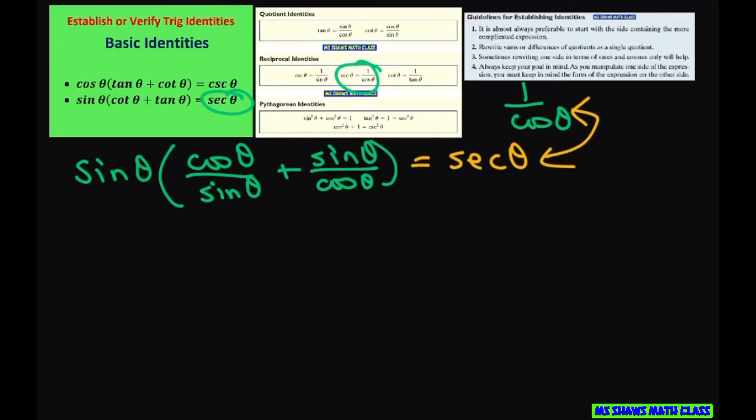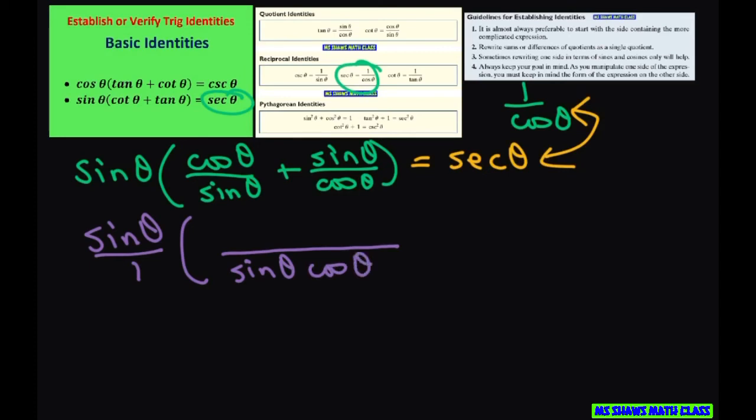All right. So now let's get our common denominator. So we have sine of theta. I'll go ahead and put that in fraction form. Common denominator is sine of theta, cosine of theta, and then you do the little butterfly method for multiplying. So it's going to be cosine squared of theta plus sine squared of theta.